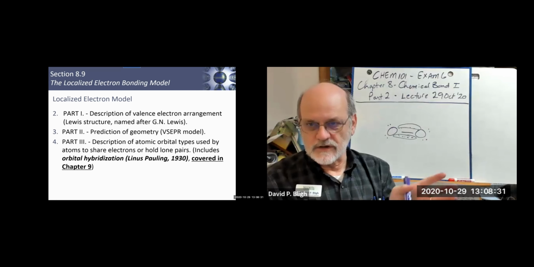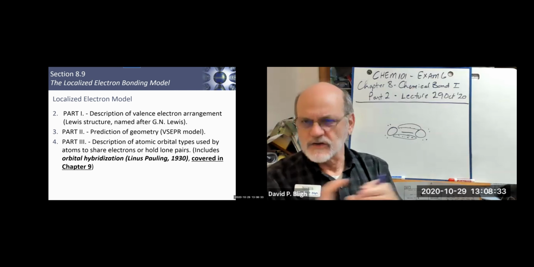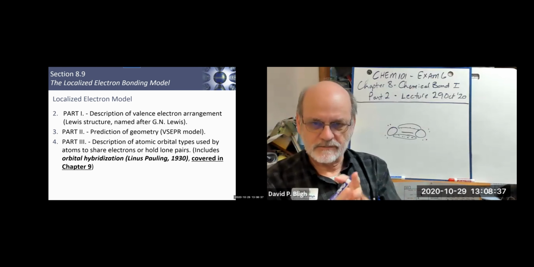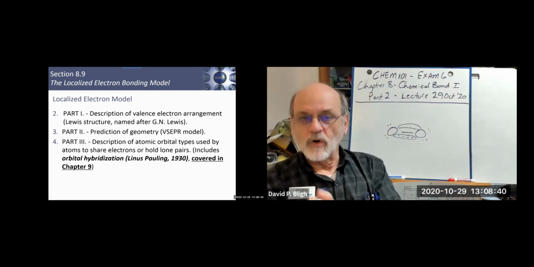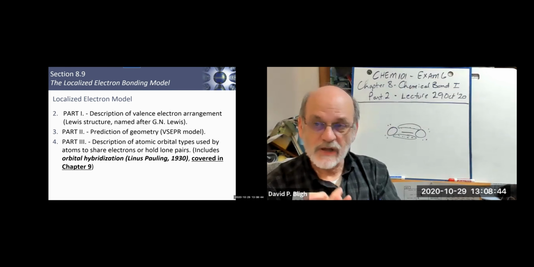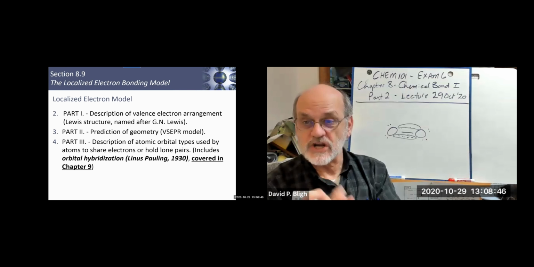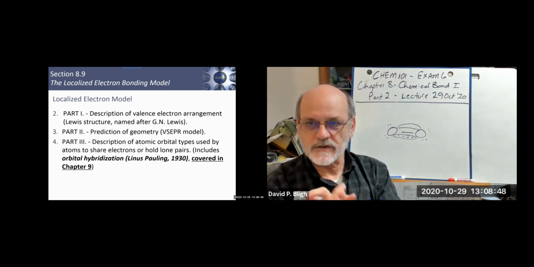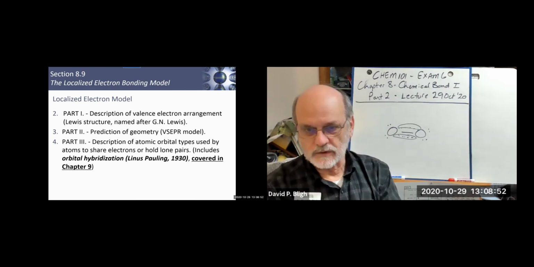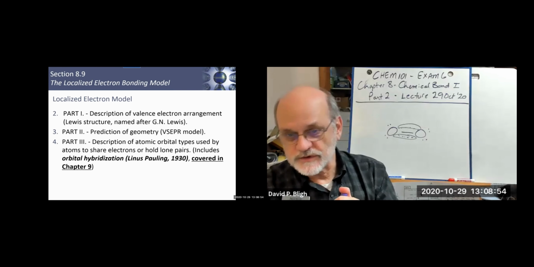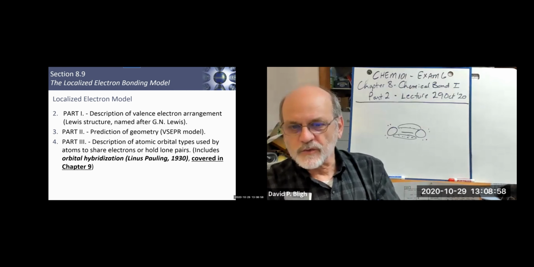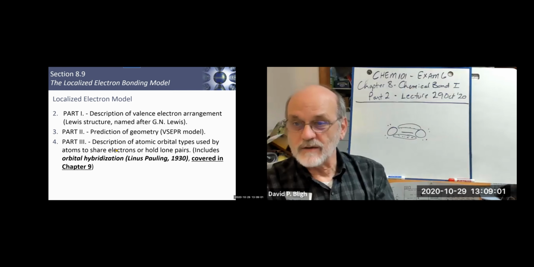The molecule is nonpolar. Well, assuming it has no lone pairs. Okay, that's another caveat. But once you know the polarity of the bonds, then you need to know the geometry. And if you can figure the geometry, then you can say, is the molecule polar or nonpolar? And that's what we do with this model, the VSEPR model. I'll define that later. Part 3 comes in chapter 9, so you don't have to deal with that right now.